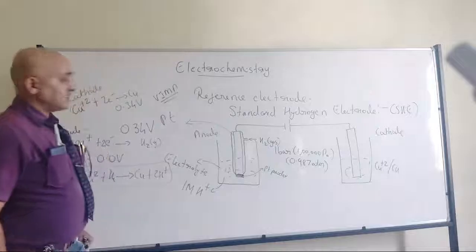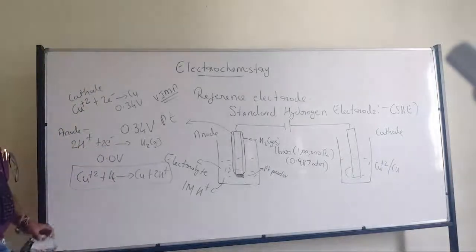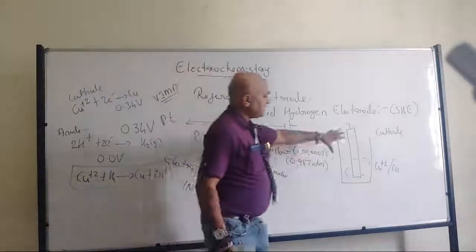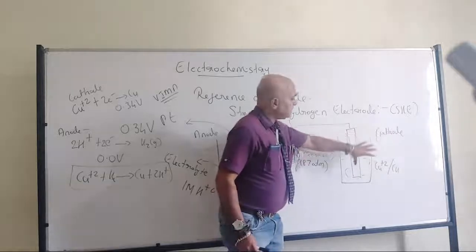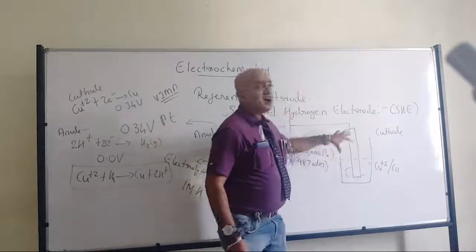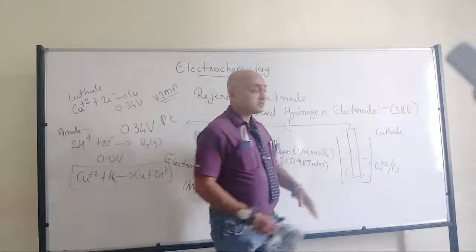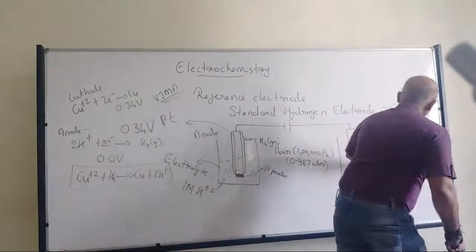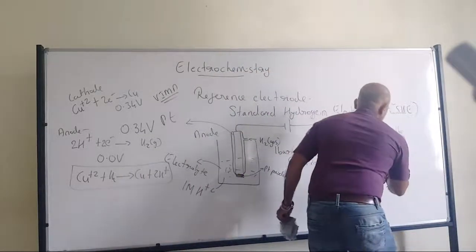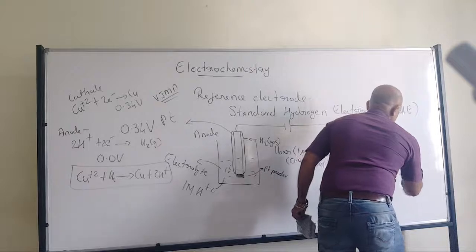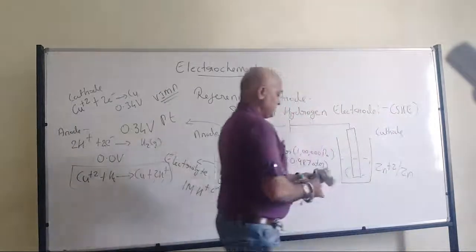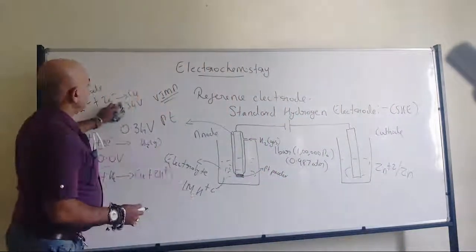If I take zinc, we will remove this particular half cell and replace it with another half cell which has the redox couple of Zn2+ and zinc. Now the situation will be different.